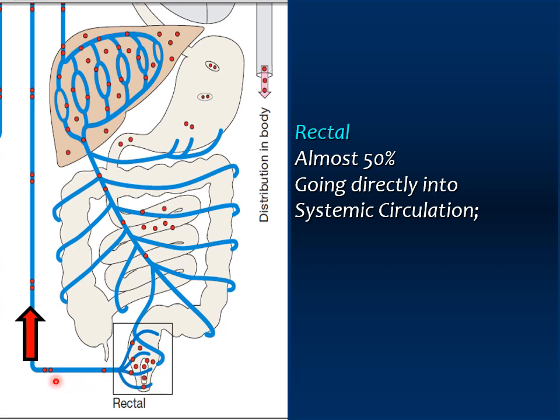So the lower half will not be metabolized, going directly into the systemic circulation, because in this way the liver or any other metabolic site is not coming, while the upper half, after being absorbed through the portal circulation, reaches the liver. So depending on the chemical structure, a percentage of that drug will be metabolized, and the remaining unmetabolized drug will reach the systemic circulation.